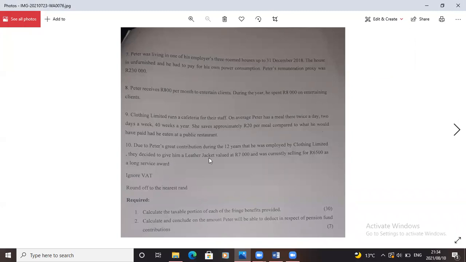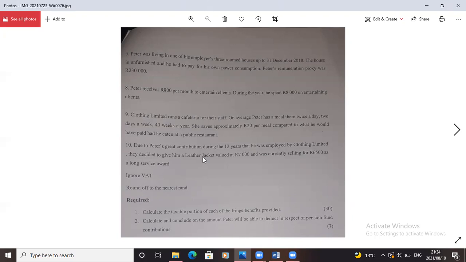They decided to give him a leather jacket valued at 7,000 and was currently selling for 6,500 as a long-term service award. Remember, a long-term service award requires an initial unbroken period of not less than 15 years or subsequent period of not less than 10 years.